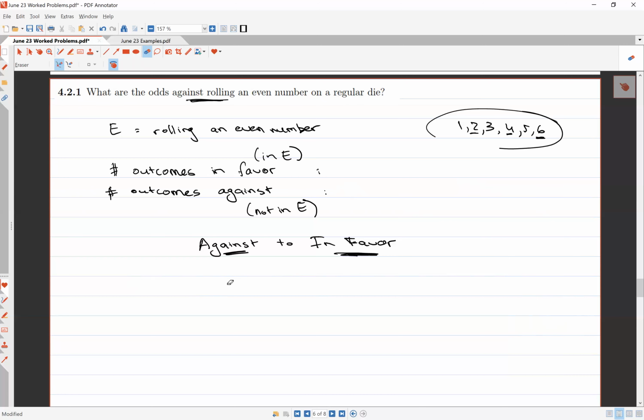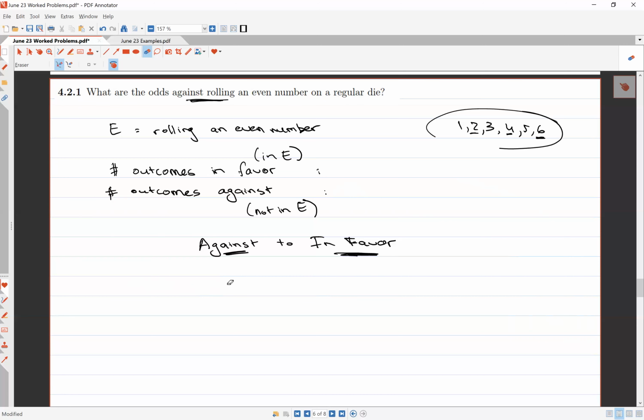So here we're interested in the event we roll an even number, and we can go and calculate that probability. But odds are often used in gambling situations, or it's also how news media tends to report how likely events are, like odds against versus odds in favor of an event happening.